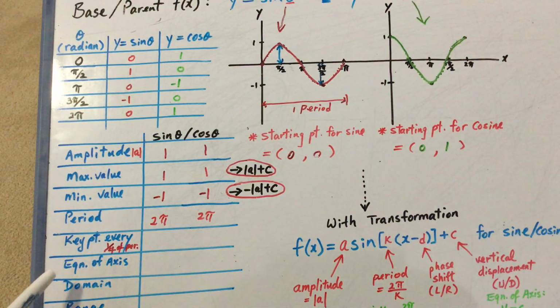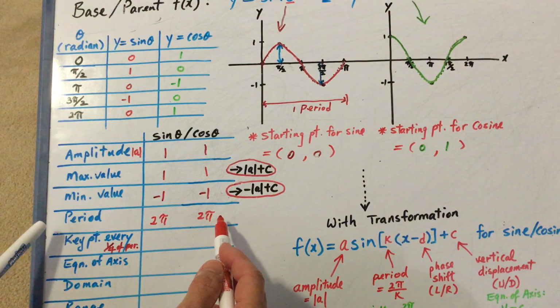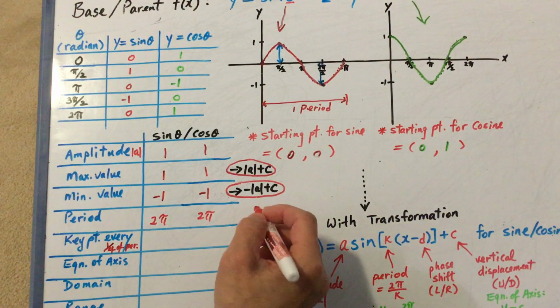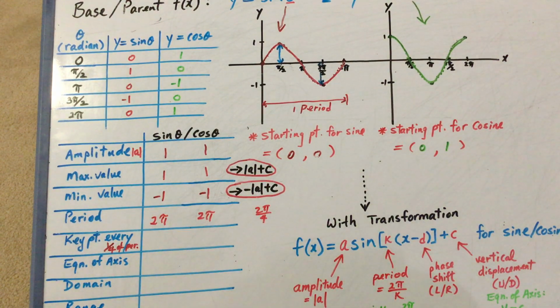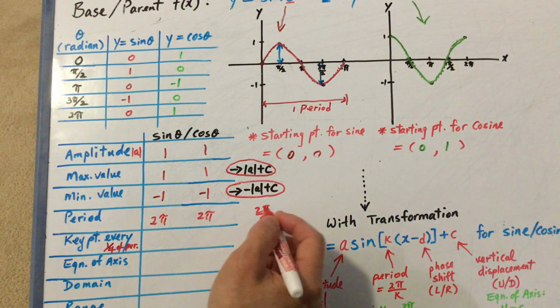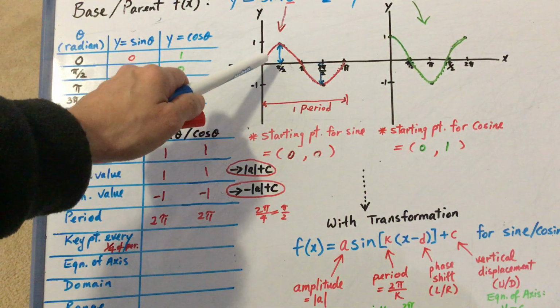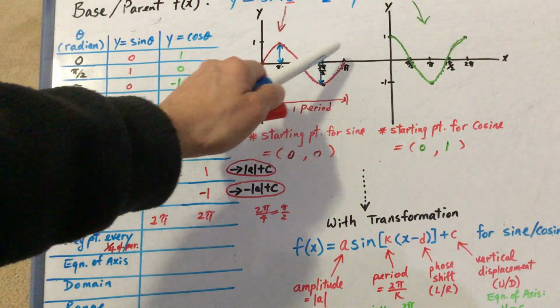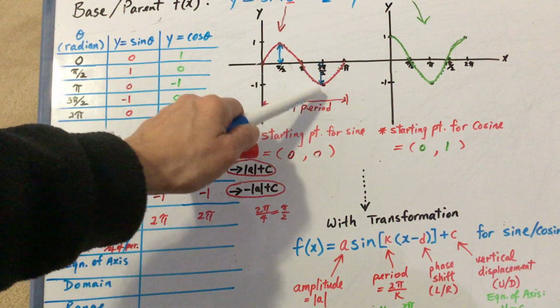And key points every quarter. Because 2 pi is one period, when you divide this 2 pi by 4, because every period will have 4 equal parts, and reduce that, you get pi over 2, which is true if you look at the graph. Every pi over 2, you get a key point. Some of those key points are either the maximum, the middle, or the minimum.